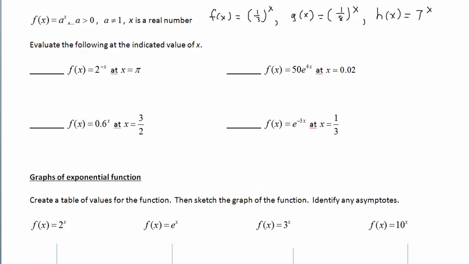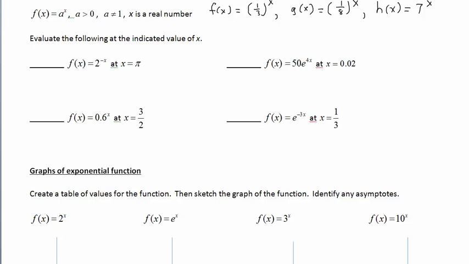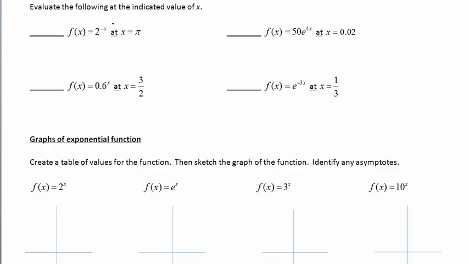Part of our work with exponential functions is going to involve evaluating exponential functions at a given x value. So for these examples right here, we're simply going to plug in pi everywhere we see x, and go to our calculator and compute the value. Before we do that, let's make a recording of what we're going to do on the calculator.